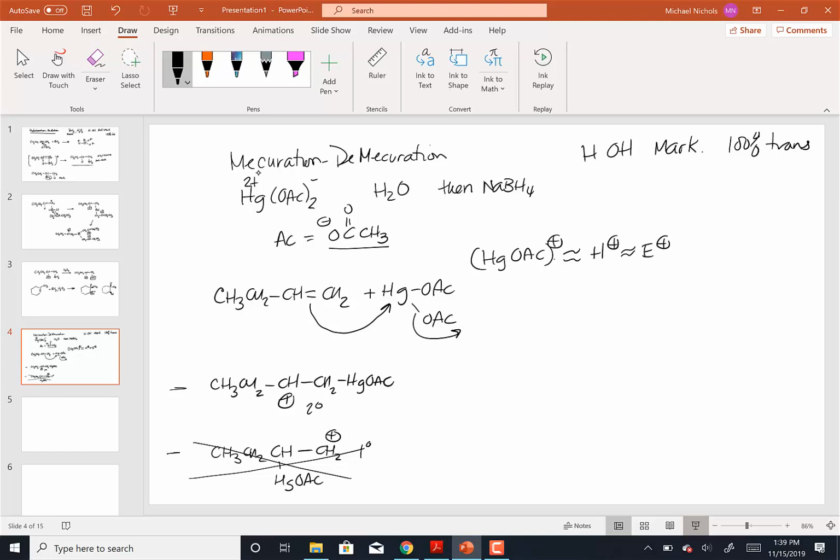Okay, it's mercury acetate and water. So then I'm going to take the water and add it to the carbocation. What am I going to make? I'm going to make the oxonium ion.